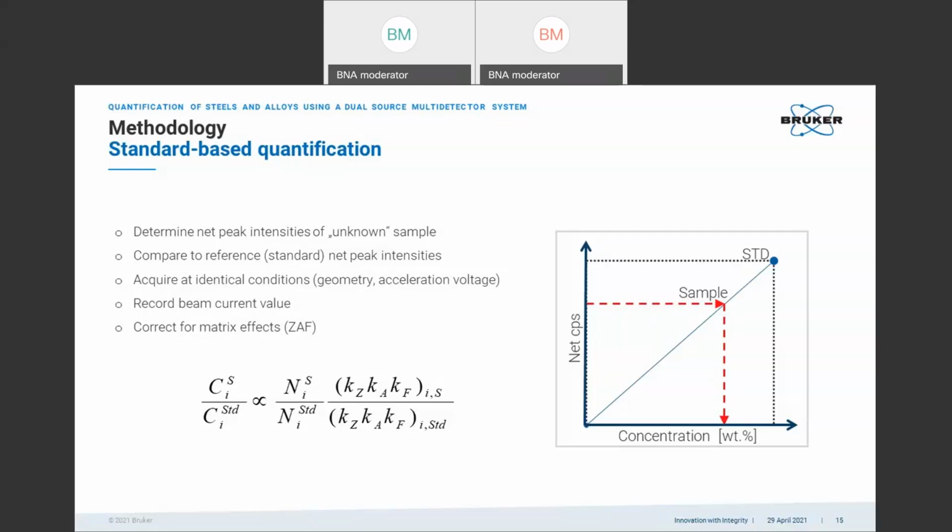So we have to measure the beam current with a reference sample or directly with the Faraday cup. And then for sure we have to correct for the matrix effects as well. And the equation is shown here below. So we get the concentration by determining the net intensities of both standard and sample, and we apply the matrix effects for atomic number, absorption and fluorescence using the phi-rho-z correction.